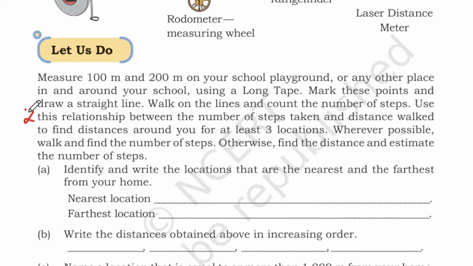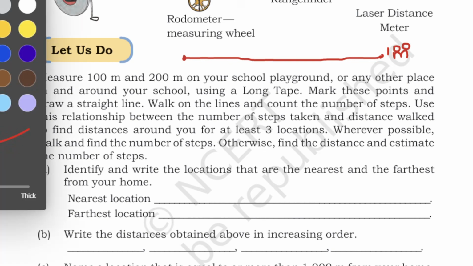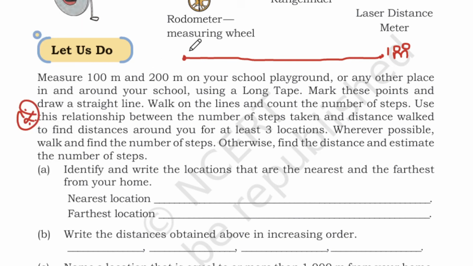Activity part. For example, if you are measuring 100 meters, imagine that this is 100 meters. So how many steps are you taking to complete this 100 meters? For example, these are your steps, and how many footsteps are taken. For example, 200 footsteps are needed to complete this 100 meters.